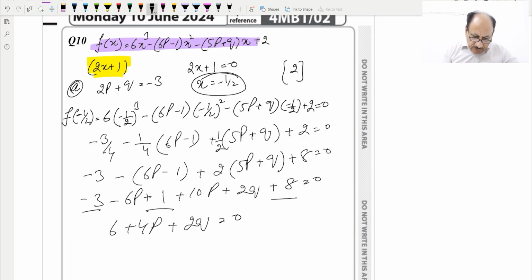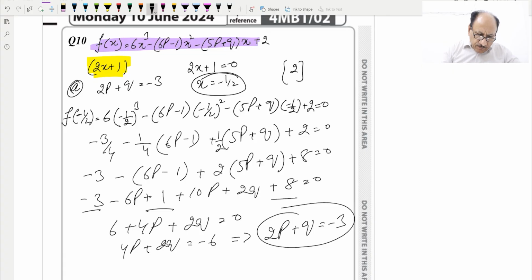Further we can simplify. This will be 4p plus 2q is equal to minus 6, or this implies we can write 2p plus q is equal to minus 3, and this was the statement which we were supposed to prove.